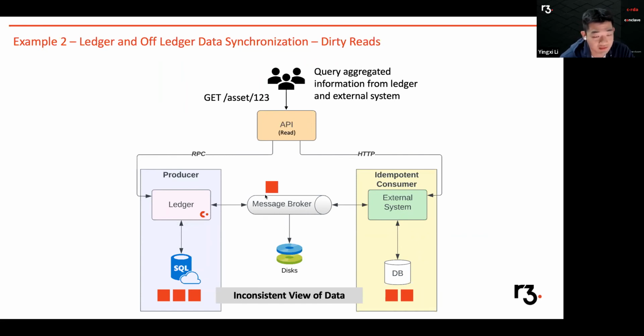The issue is the data inconsistency between the ledger and the consumer of the data, because of the latency of the message broker. Maybe I'm not getting your question correctly. You can follow up with that.